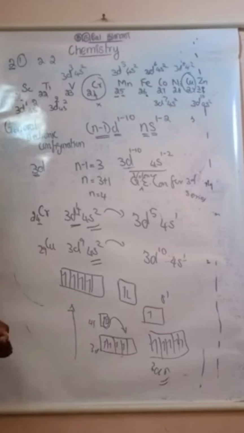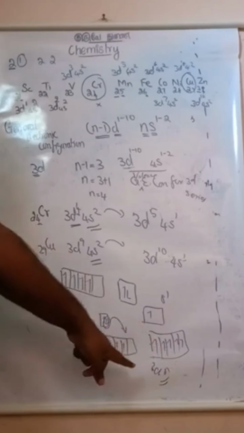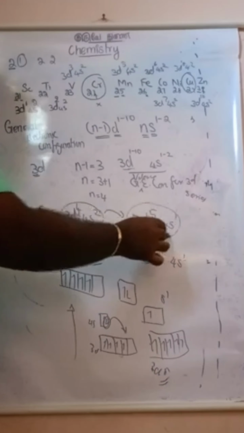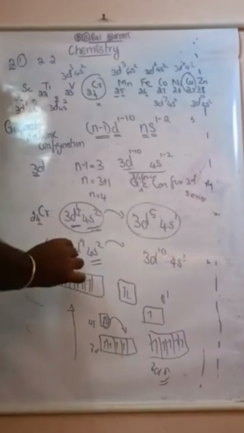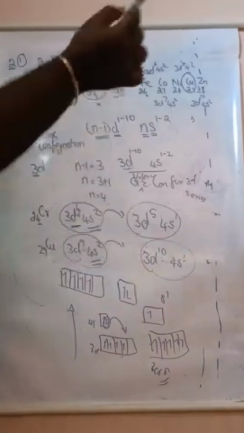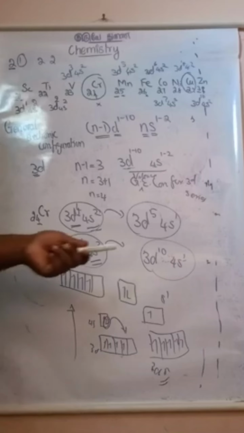By jumping one electron, both orbitals attain stability, extra stability compared to before. So the expected configuration is this, but the observed configuration is 3d5 4s1. The same case here: it is partially filled, but here it is completely filled, which gives more stability. So 3d10 4s1.